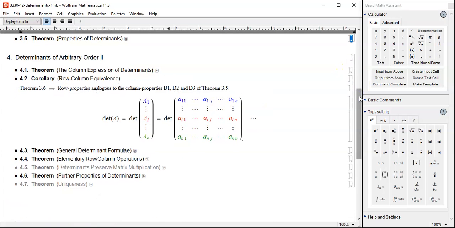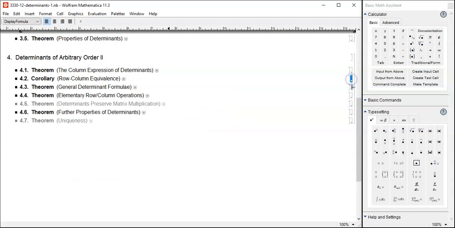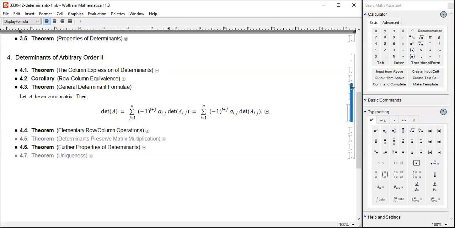That's not much because either row or column is going to be the same. Here we can get the row version of D1 and D2. Multilinear with respect to each row, and there are n rows, and alternating with respect to rows. The ith row and jth row switch, we have the negative of the determinant. So row-column equivalence, all right. And then general determinant formulae.